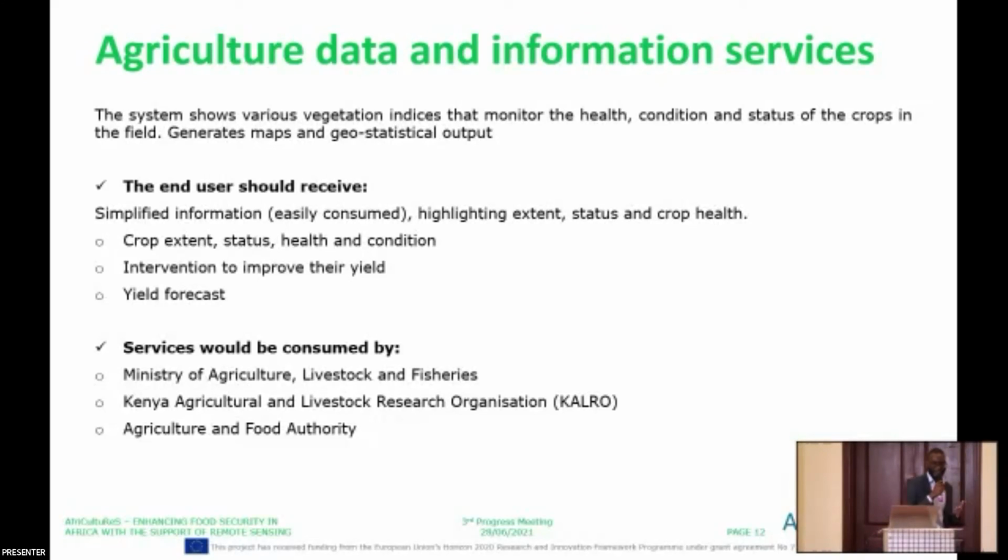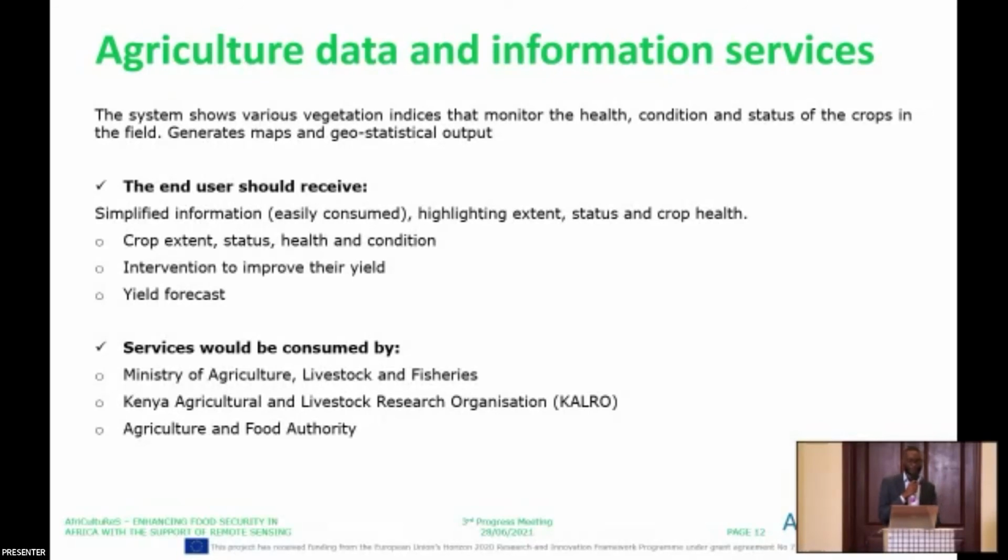And here we are looking at what the end user wants, and mostly it's the crop extent and status and health and condition, and then the interventions to improve the yields, as you've seen, and also the forecasting of the yields.